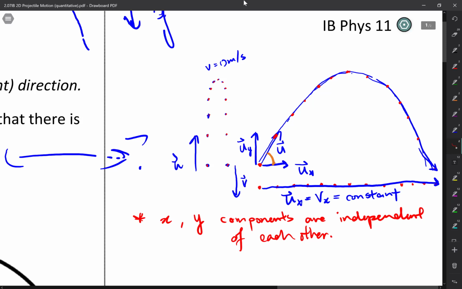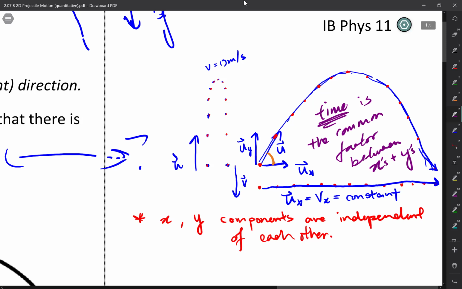So let's say you want to find the maximum height, and you want to find how far horizontally this object's traveled. If you know the time it takes the object to reach the top, the maximum height, notice that if I want to calculate the horizontal displacement, all I need to do is go down to my horizontal piece and look at how much time has elapsed to get me there, which means the time aspect is the common factor.